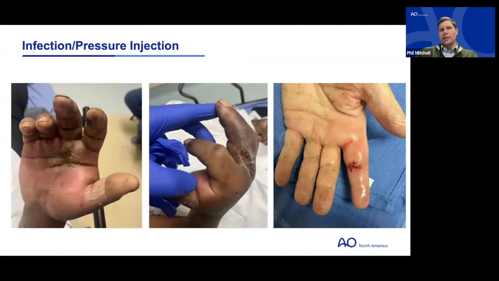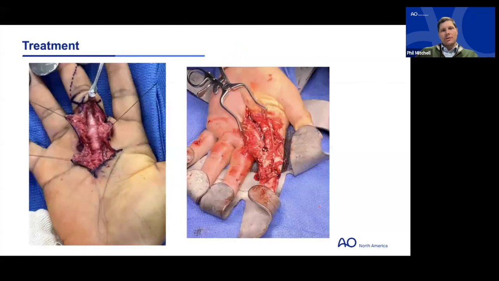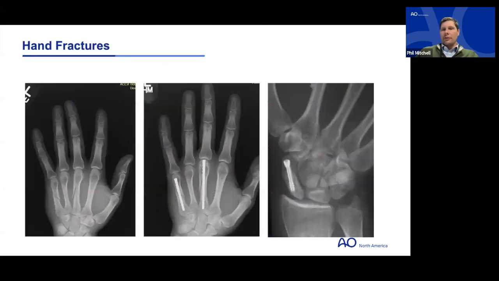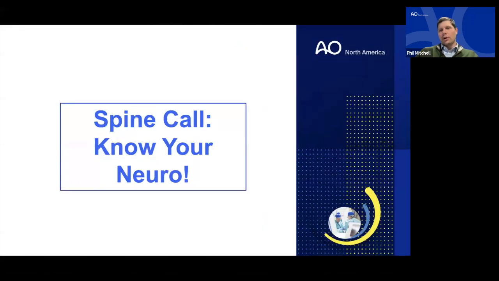We went through different kinds of infection and pressure injuries and the management of these and how a tiny pressure injury may require a fairly large exposure, and the same for an infection. And then we went over some hand fractures and some screws, some intramedullary nailing of some metacarpals. So if you all want to revisit any of that, it's on YouTube.